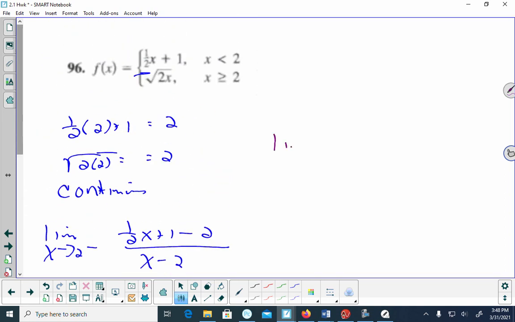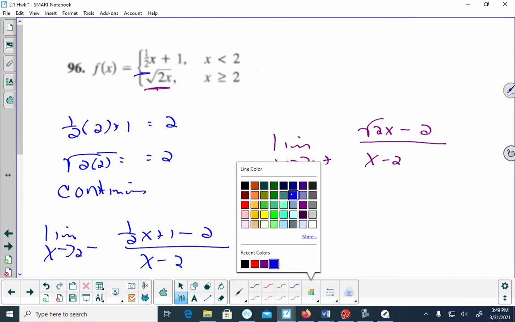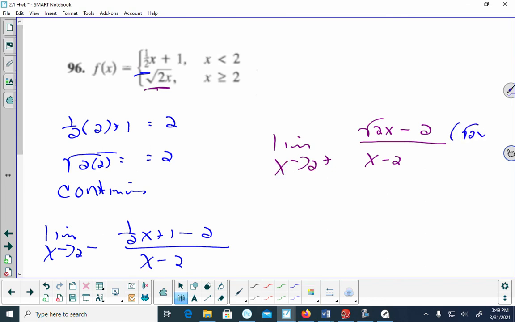Now I'm going to find the limit from the right. So the limit as x approaches 2 from the right, which means I'm following this formula, the square root of 2 times x minus 2, all over x minus 2. I am going to have to multiply by the conjugate. So the square root of 2x plus 2 over the square root of 2x plus 2.